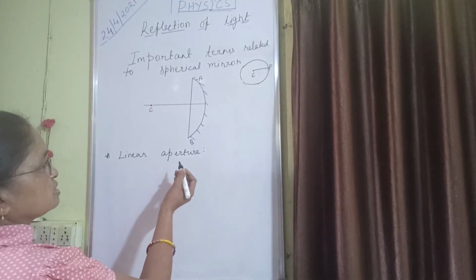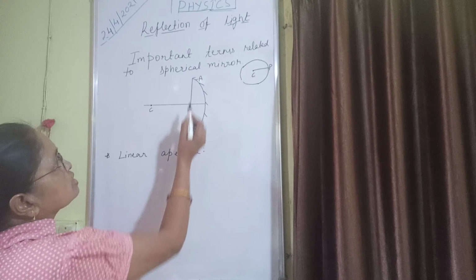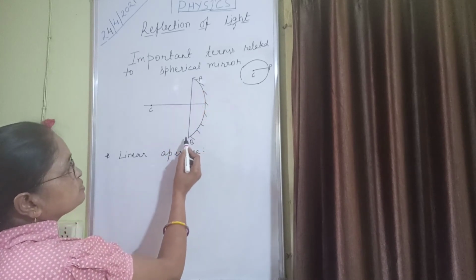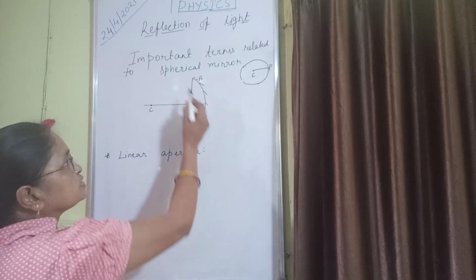Linear aperture. Linear aperture is the distance between the two end points, meaning the two extreme points of the periphery of this mirror.